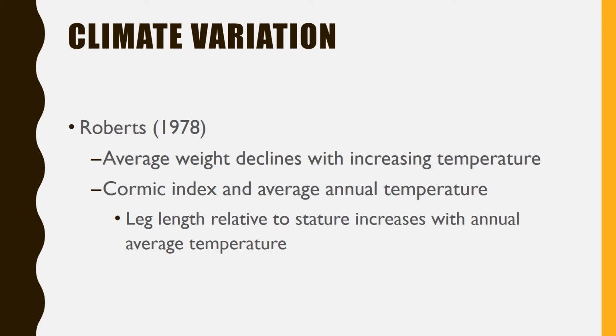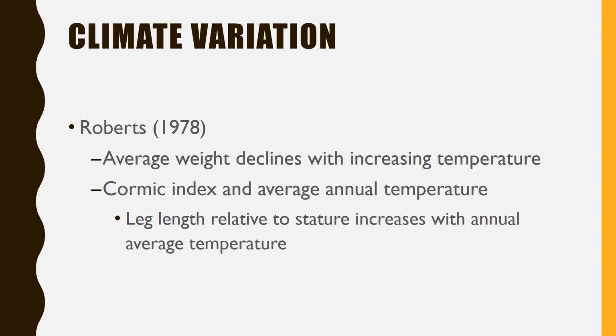Derek Roberts conducted a number of studies throughout the 1950s and 60s in applying the Bergmann-Allen rules and found that the average weight declines with increasing temperature. He also found that there was a negative relationship between the Cormic index, and remember this is just a measure of relative sitting height, and average annual temperature.